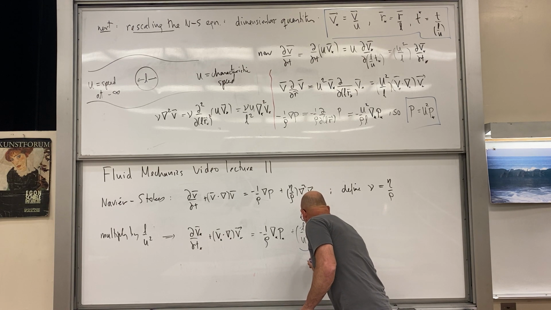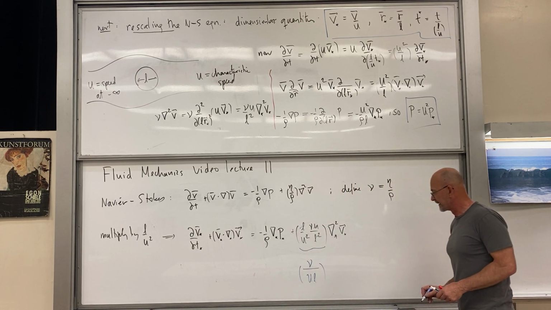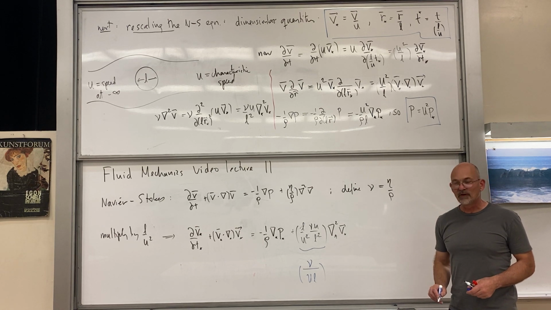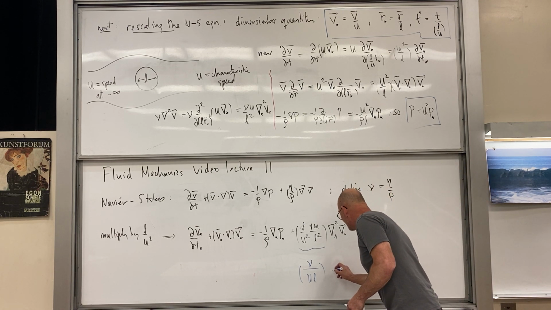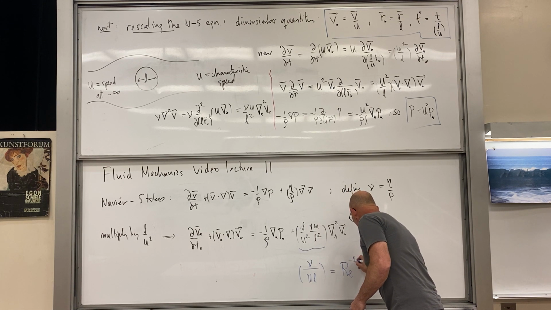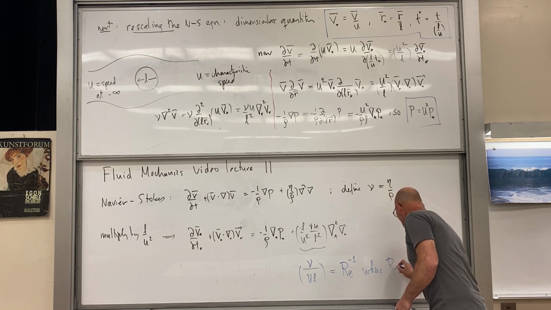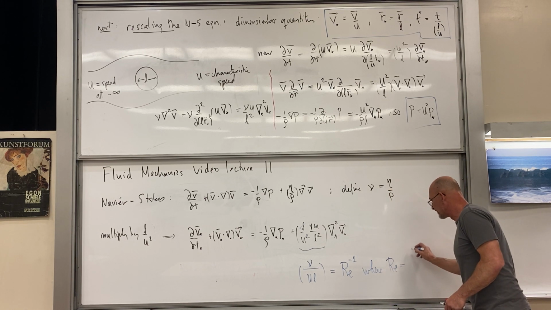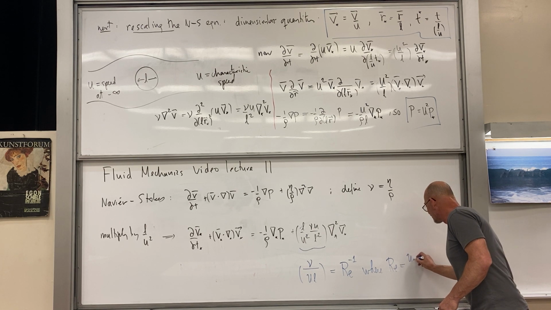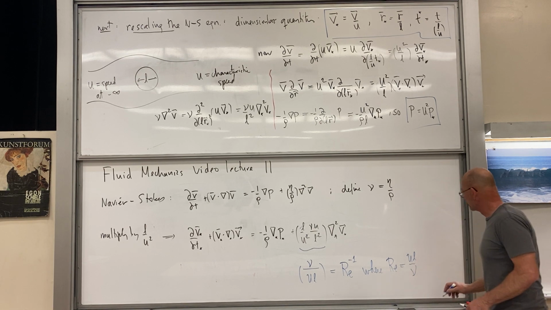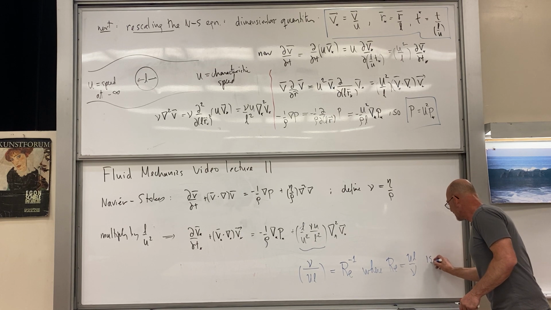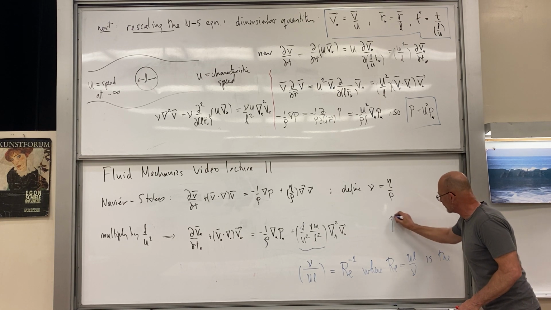What we have here is nu over U times L. And this is the inverse of the Reynolds number, equals RE to the minus 1, where RE is equal to the inverse, UL over nu, is the Reynolds number.